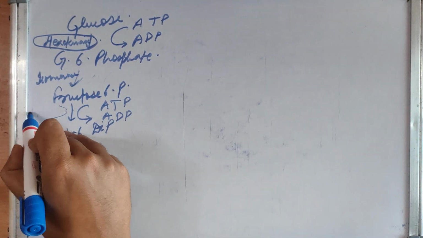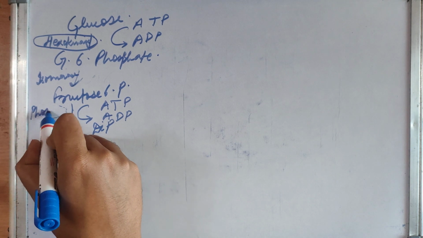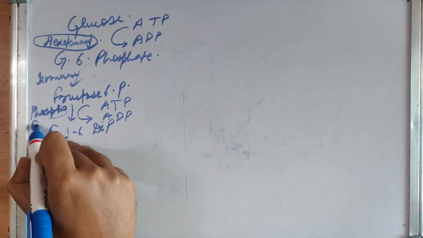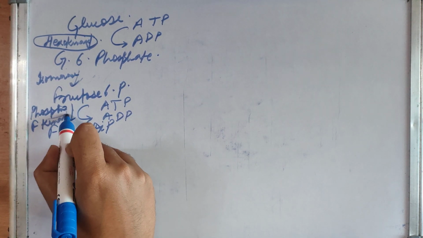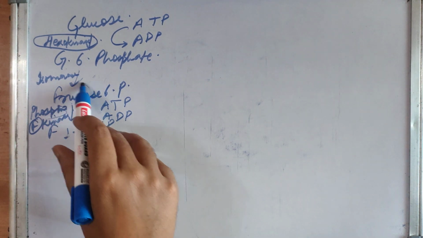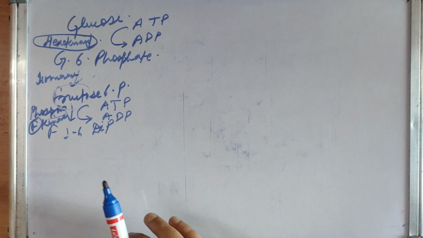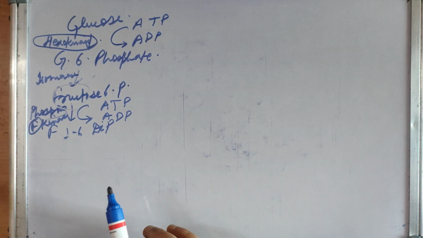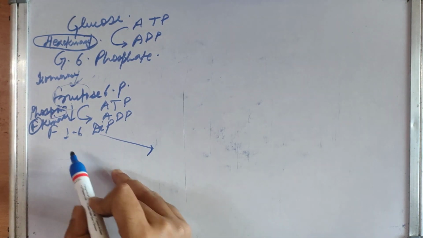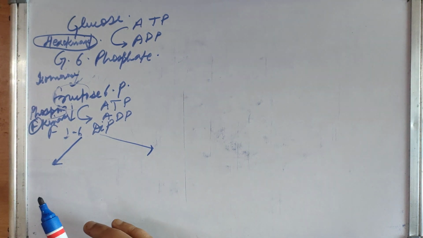Let me write it, phosphofructokinase. F for fructo, this fructose comes from fructo. And then this fructose 1,6-diphosphate converts itself, here the reaction takes two turns.